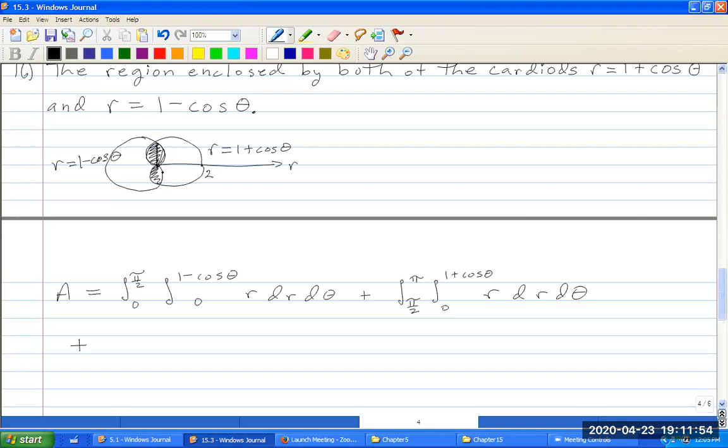Let's see, I'm going this angle. So let's do this part of this region here. So I'm going from pi to 3 pi over 2. Theta equaling pi to theta equaling 3 pi over 2. Okay, so I'm going to do this part of the region, which is 1 plus cosine out here.